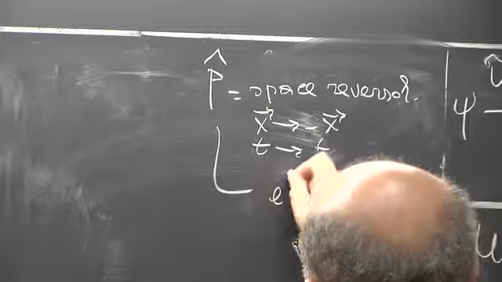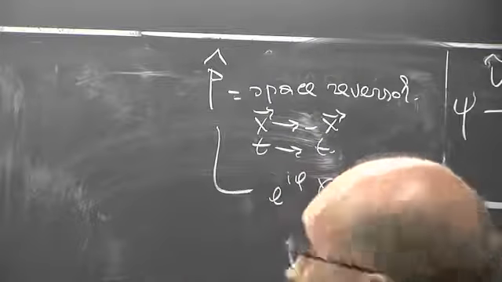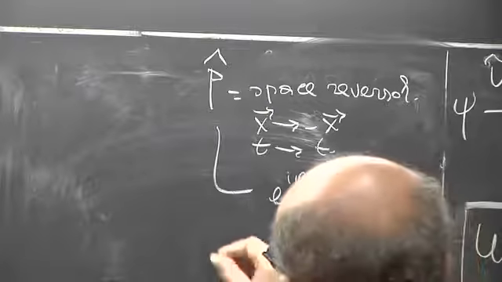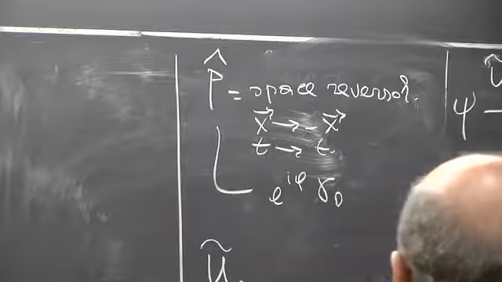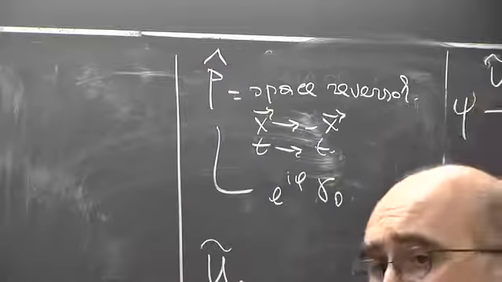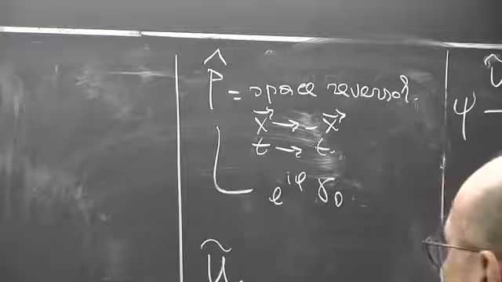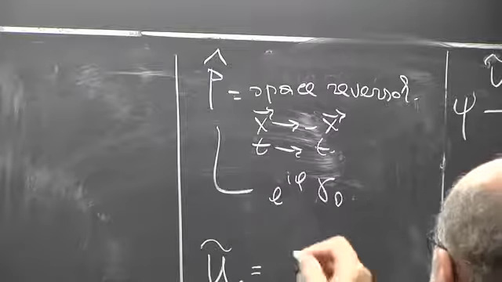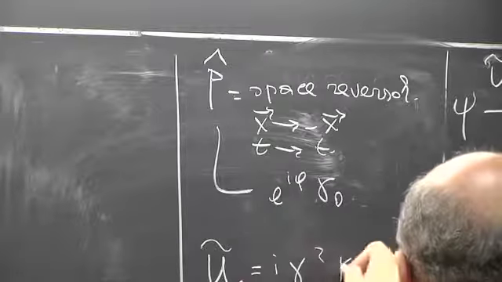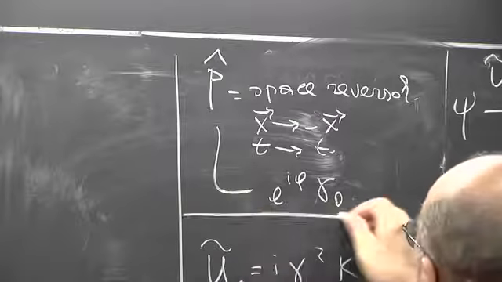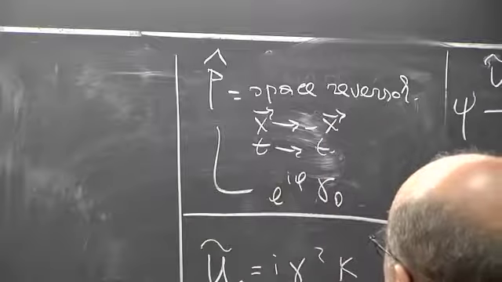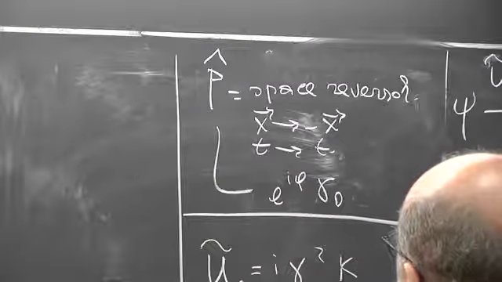This one, if you remember, was i gamma 0, okay? The charge conjugation operation, let's call it U_C for charge conjugation, brings the solution psi into the solution psi_C, which is i gamma 2 K psi, where K is the complex conjugation operation. So this is space inversion, this is charge conjugation.